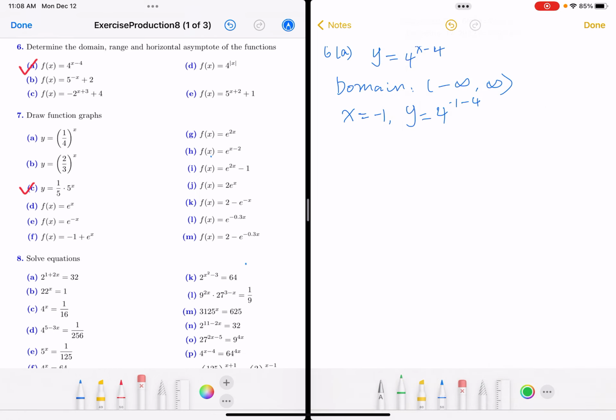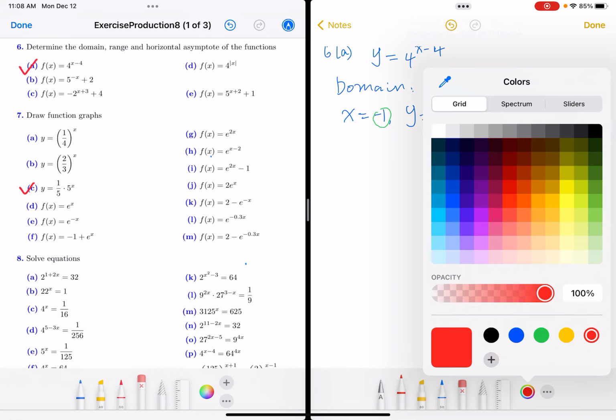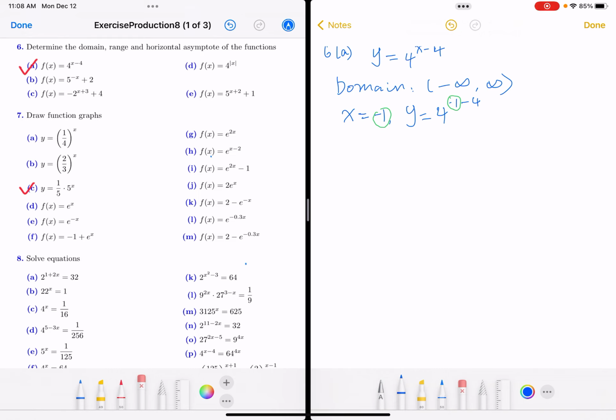This is -1 because of that. And then we have 4 to the -5. That's 1 over 4 to the 5th. You may find out this value.